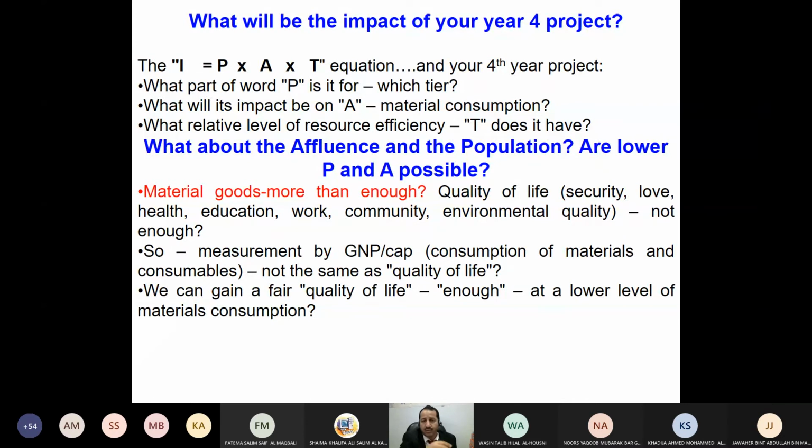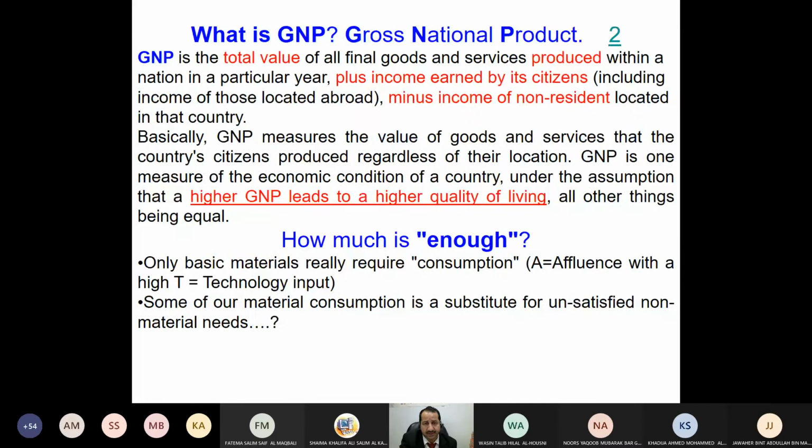Also, one of the ways to check the economic aspect is to use what we call GNP. GNP is gross national product. Gross national product is simply a parameter, or index, or key performance indicator.